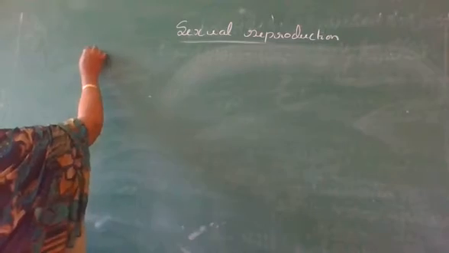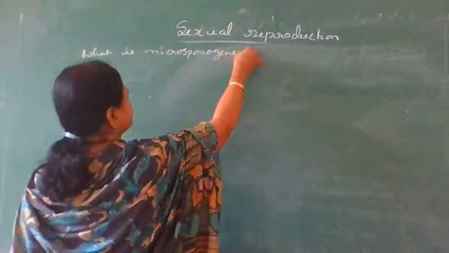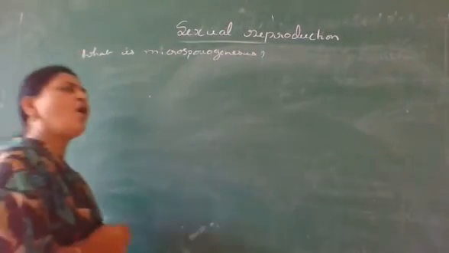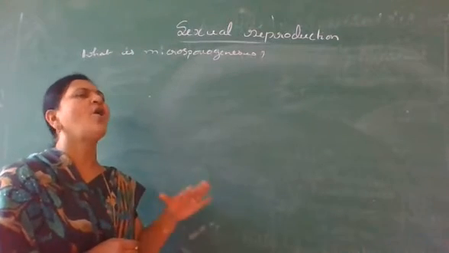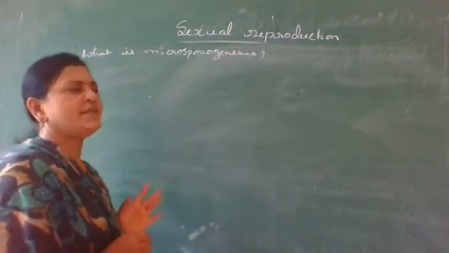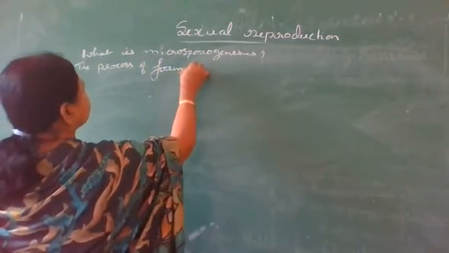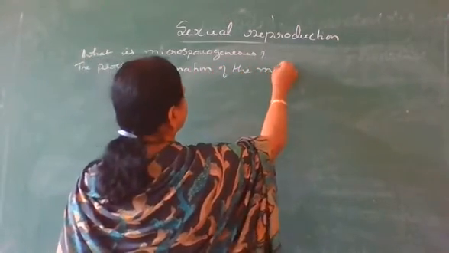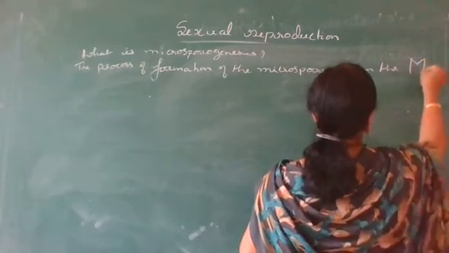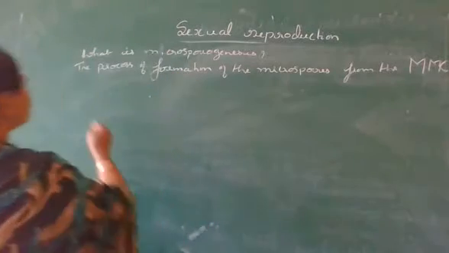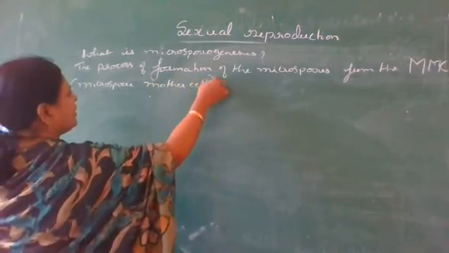Microsporogenesis is the process of formation of microspores from the microspore mother cells or pollen mother cells by means of meiosis.